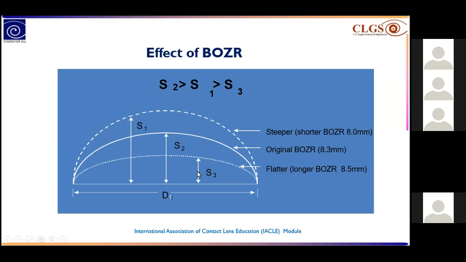It means the lens is getting flatter. And if you are decreasing the base curve radius from 8.3 to 8 mm, the sagittal height is increasing. It means the lens is getting steeper. So by increasing or decreasing the base curve radius, we can make the lenses steeper or flatter.